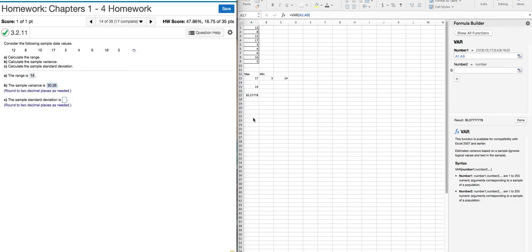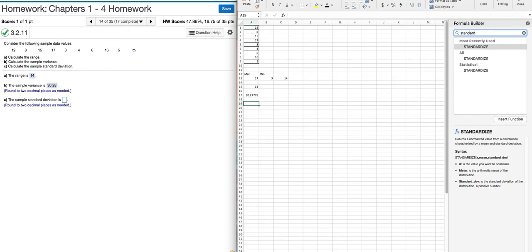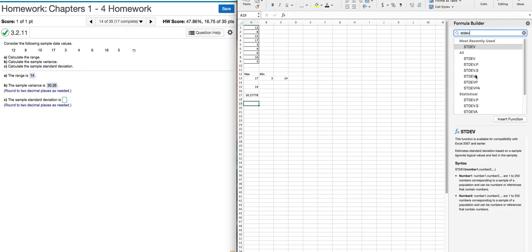And then for our standard deviation, we can use the standard deviation function. Same thing, we might start out by trying to figure out, the long way, what it is. That's not the right one. It's actually STDEV. So here we've got a list of different standard deviations we can use. The STDEV is fine. There is also one specifically for populations and one specifically for sample data sets like we have here.